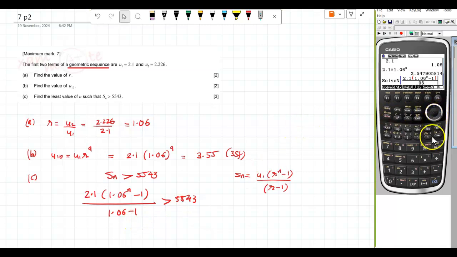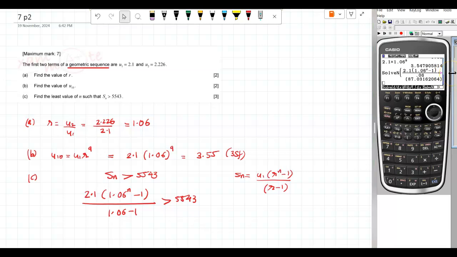I am putting that equal to 5543, since you won't be able to put in greater than over here. Close brackets, execute. It will ask if more solutions exist, you exit. So 87.03.